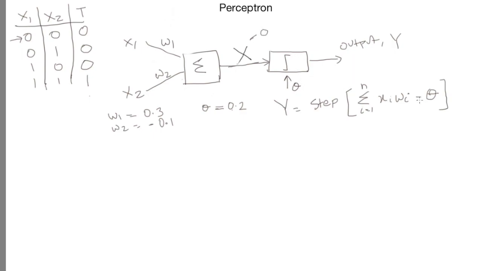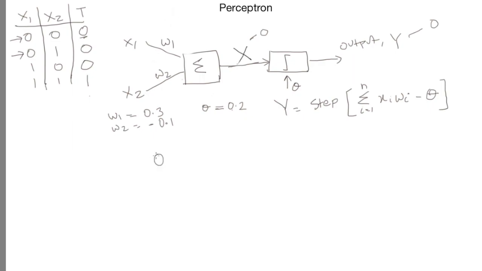And so given the threshold is set to 0.2, the output that is generated will be 0. So our neuron is producing the correct output. The target output was 0, and indeed the actual output that's produced is also 0. So that's a job well done. Let's move on to the next line.